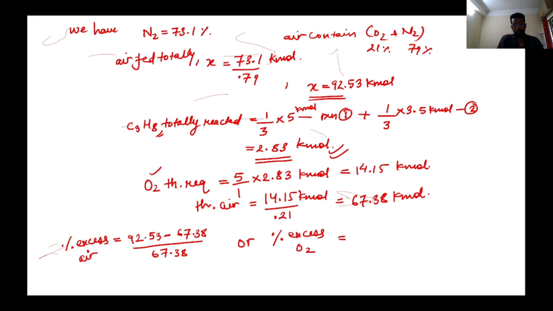O2 totally fed, how much? Totally fed will come from where? From there. This is the total air, so the quantity of O2 will be 0.21 into 92.53 kilomole.